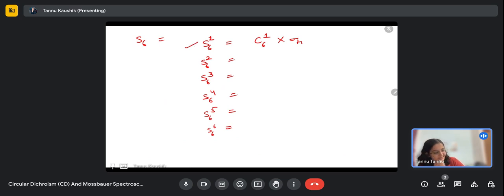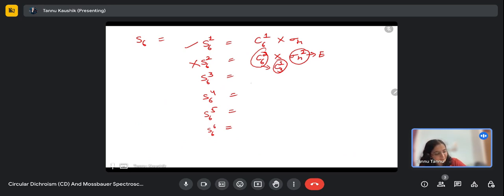So this will be present: C62 into sigma h square. This will be equal to the identity operation, and this will be equal to C31. If in this molecule you already have C31, then you can't count it again. So you will not have this S62.